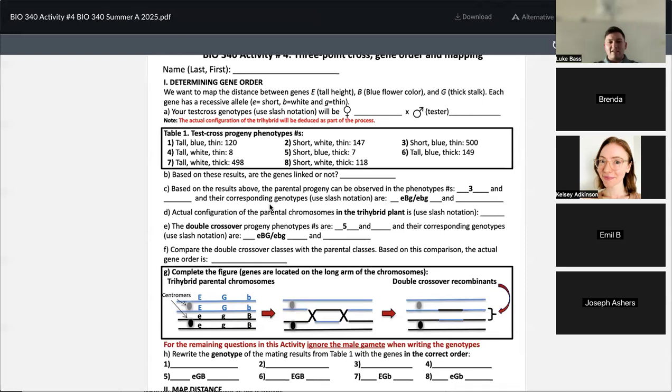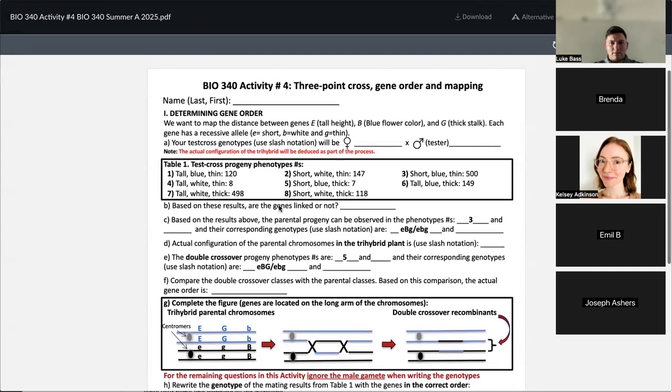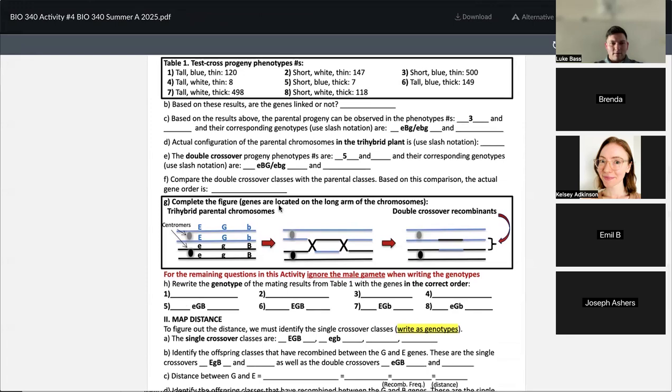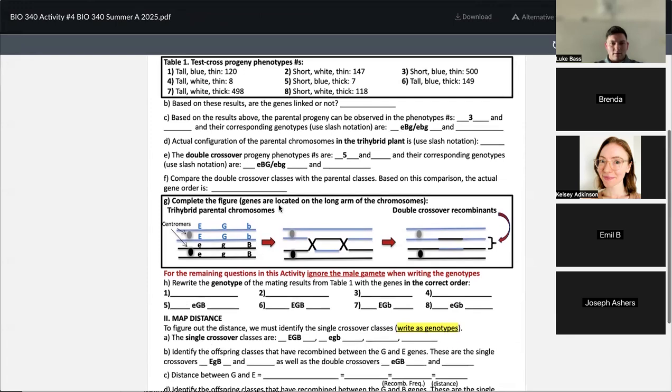Sorry, where did you actually see that sentence that you read? Oh, let's see. Down below G. Okay. So it says for H, rewrite the phenotypes with the genes in the correct order, and in the red was the part about ignore the male gamete.